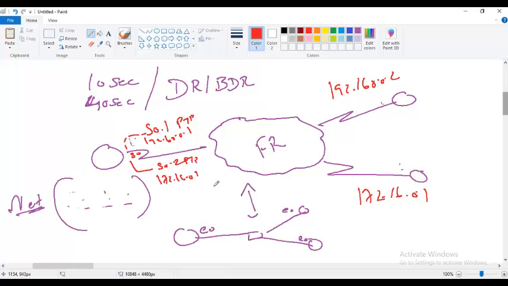And we configure the OSPF network type on each subinterface as point-to-point. Though it is a frame relay environment, you will get a point-to-point experience. In point-to-point, we don't have DR-BDR. In point-to-point, this is the timer. In point-to-point, neighbors are dynamically discovered.